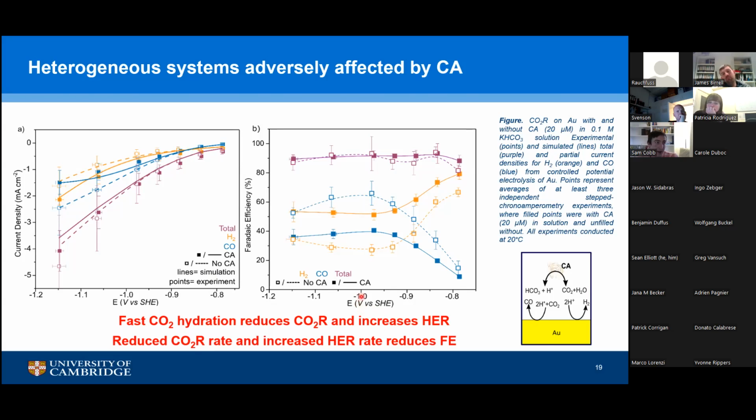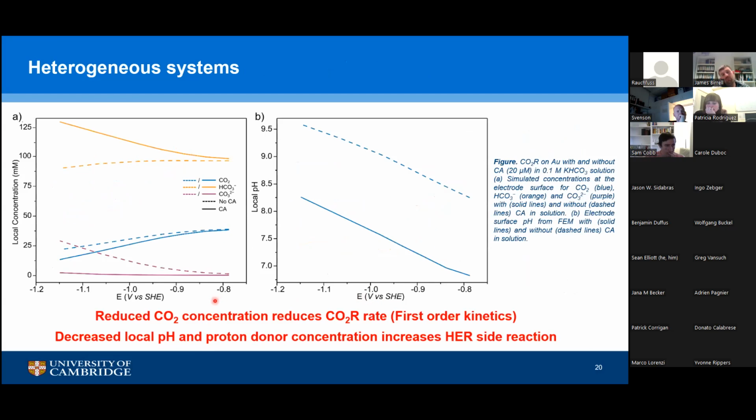And why is that? Again, we can start to fill in some gaps from the model. Well, as has been alluded to, this has first order kinetics, so it's really sensitive to CO2 concentration. And we have reduced our local CO2 concentration. And by doing that, it means we get less CO2 reduction.